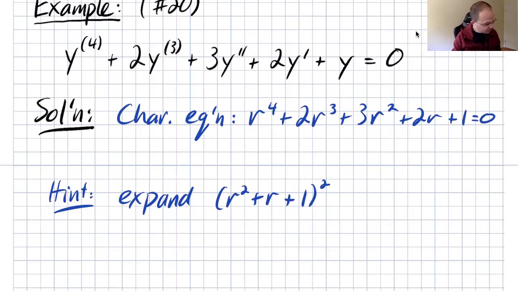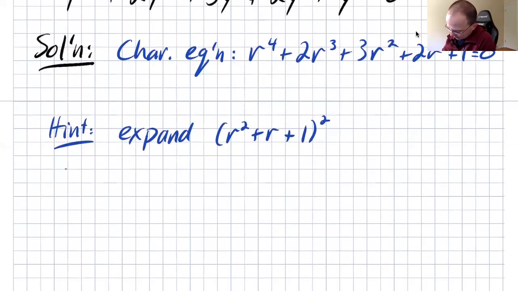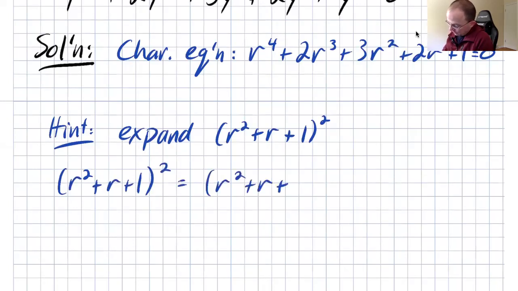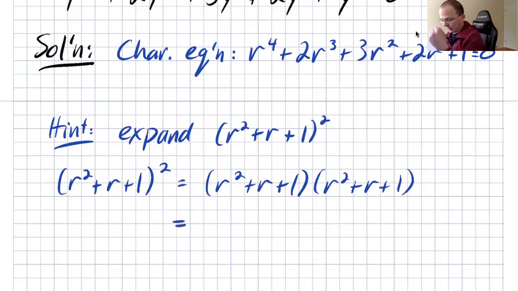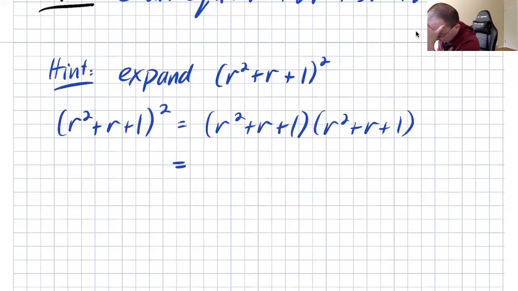Okay, so let's do this. r squared plus r plus 1 squared, and what do we get? So we get r to the 4th. That's this times this. And then we'll do r squared times r, and then r squared times 1.